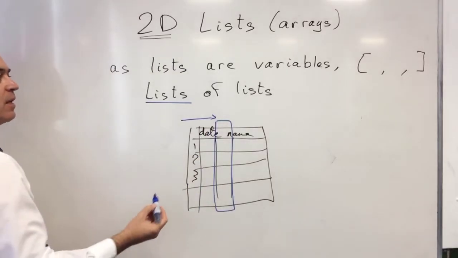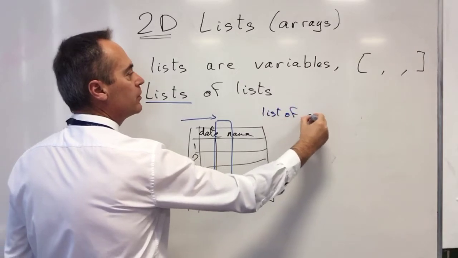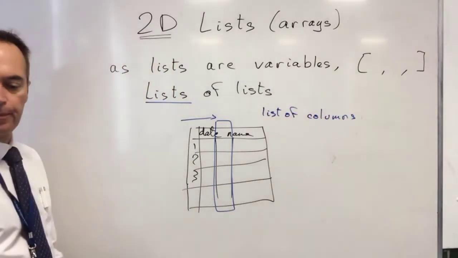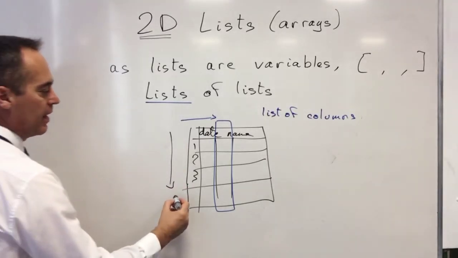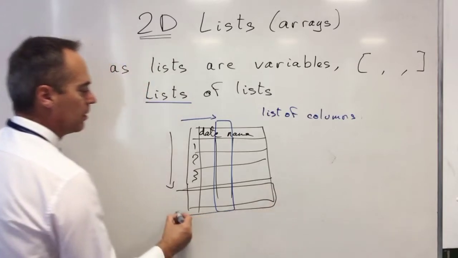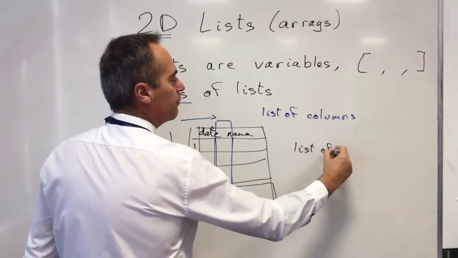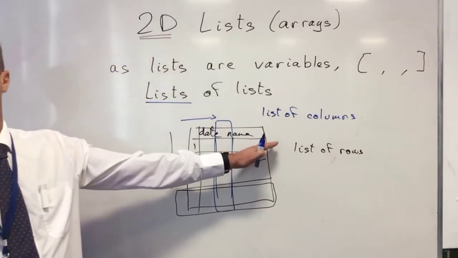In which case, I would have a list of columns, or will you go down first and then have a list of rows? Now, both are equally valid.